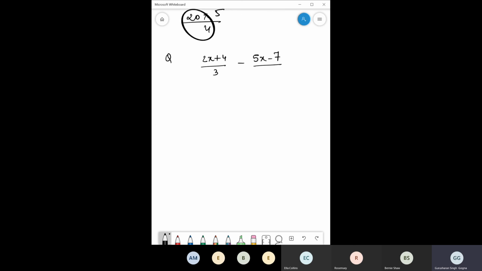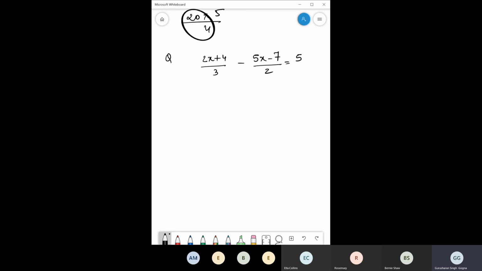Obviously whenever they give you some equation they will say solve. And what do you mean by solve? Solve means you need to find the value of the variable, whatever is the variable there. At the moment it's x, so this is called linear equation in one variable because you only have one variable x and the power of x is 1, and that's why it is called linear equation in one variable.